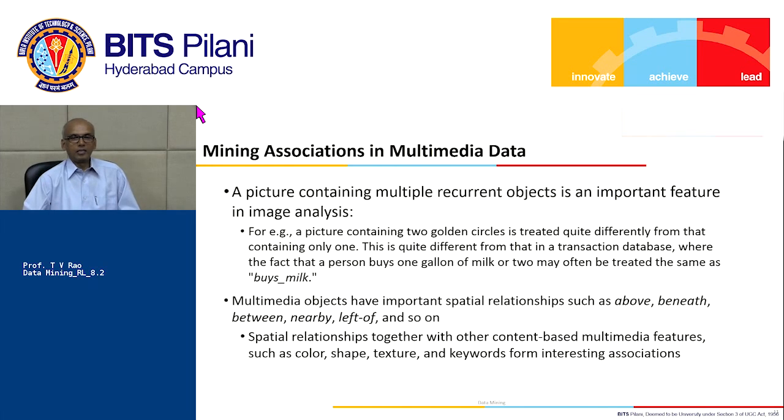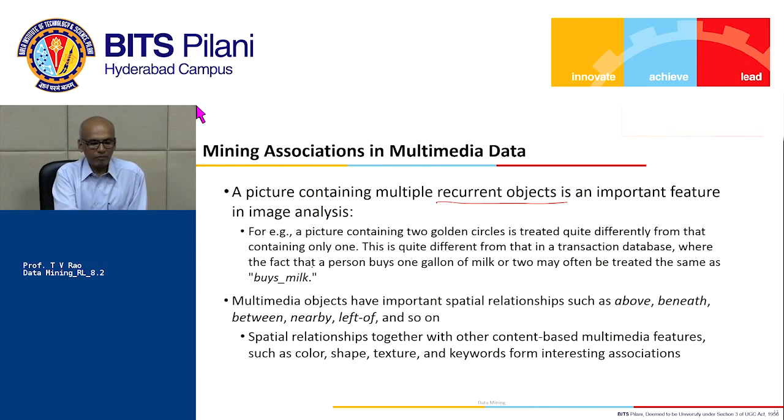And another element of interest in multimedia or image data is that many times a recurrent object is treated in a different way than a single object. For example, a picture containing two circles is different from a picture containing one circle. This is unlike the relations that we establish in normal relational or business data.